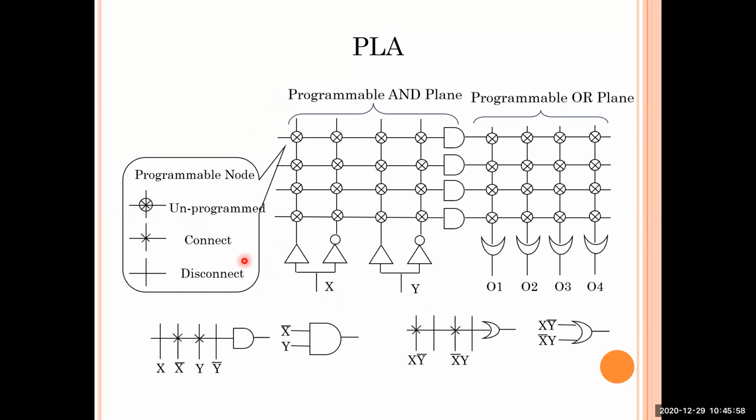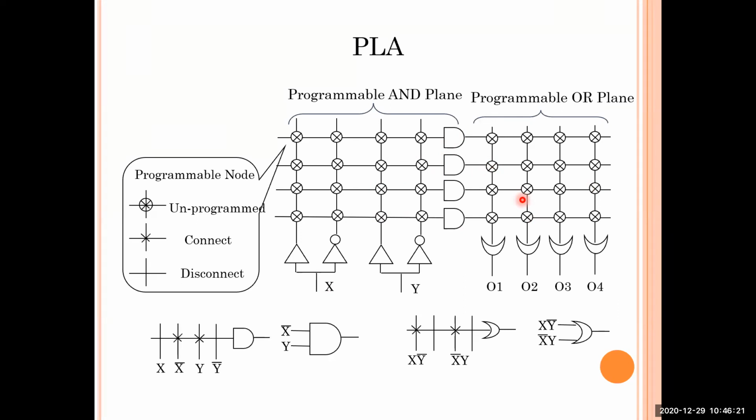Then two sets of one buffer and one inverter will be coming. Then I'll be using Z and Z bar as input to the AND plane. Have you got my point or not? After forming the AND plane, the product terms will be formed. The product terms will become input to the OR plane. And for the OR gate, we will do the addition operation. It does the OR operation.